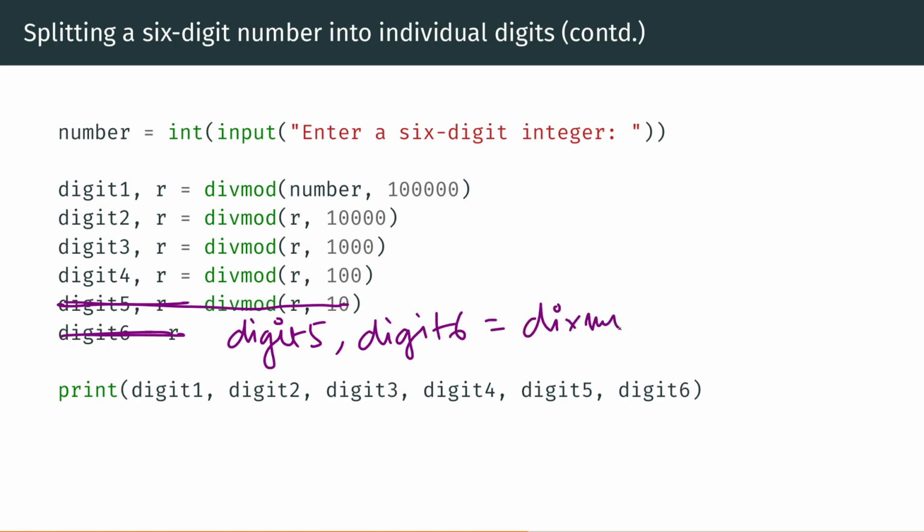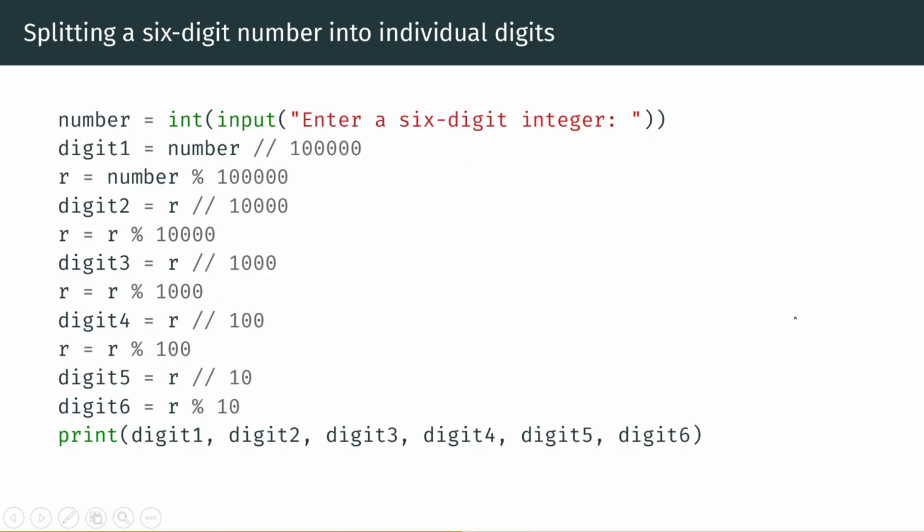Now, if you go through this code right here, it's doing the exact same thing. The only difference is, instead of using divmod, it's using these two operators, the integer division and the remainder, but essentially it's doing the same thing.